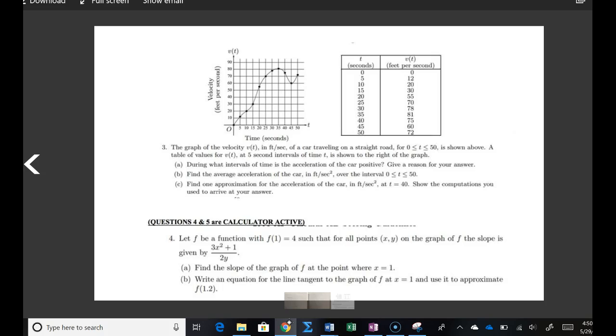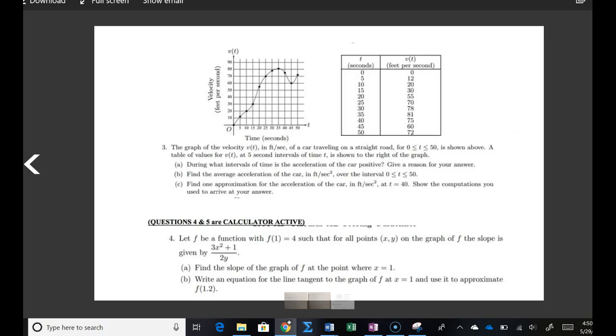Some people took the line segment from (35, 80) to (45, 60) and found the slope of this secant line, because that is very close to the slope of the tangent line at t equals 40.